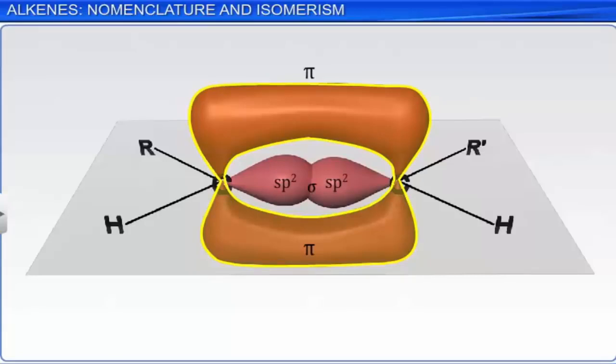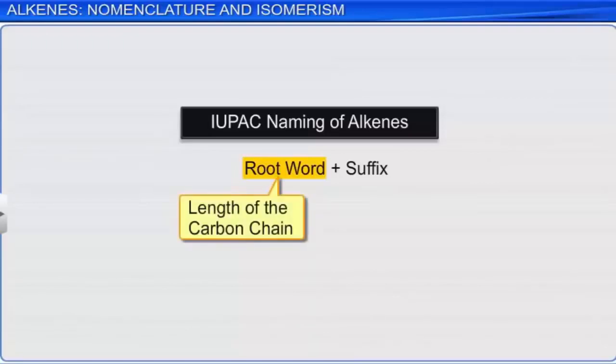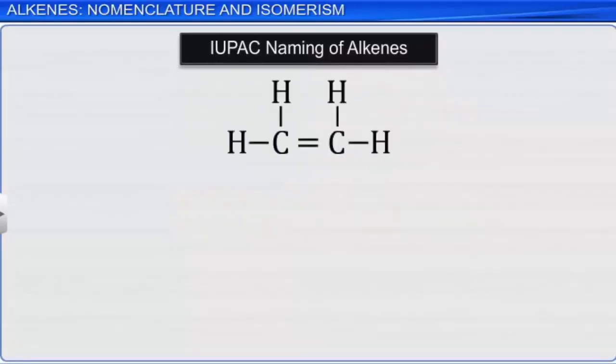The IUPAC name of the alkenes can be divided into two parts, that is, root word, which indicates the length of the carbon chain, and suffix -ene, which indicates the double bond. For example, the IUPAC name of an alkene with two carbon atoms can be divided into root word eth plus the suffix -ene.